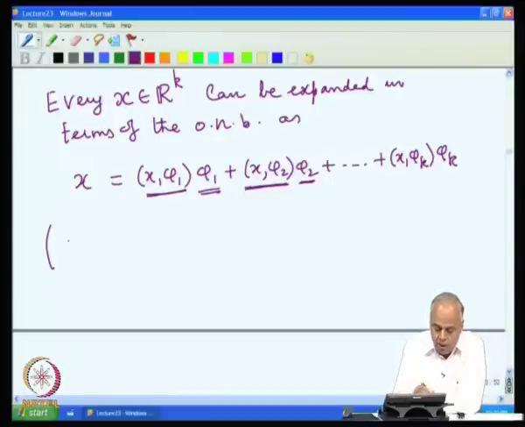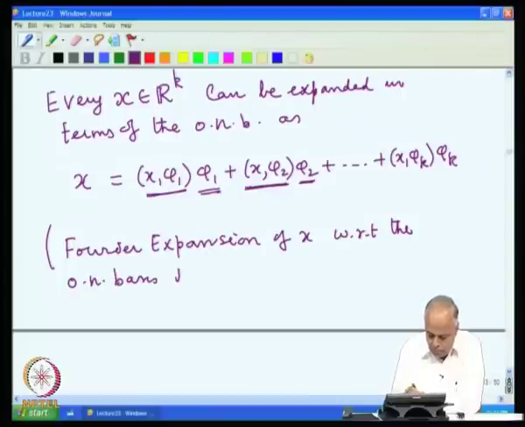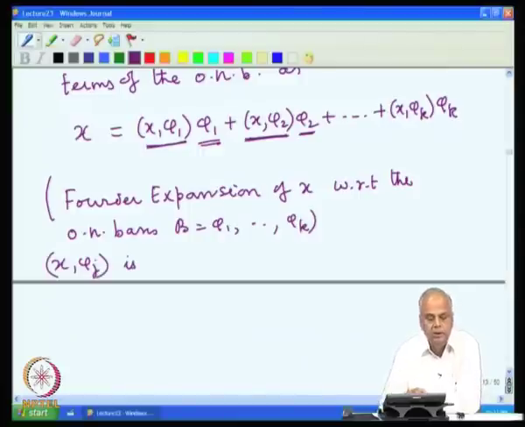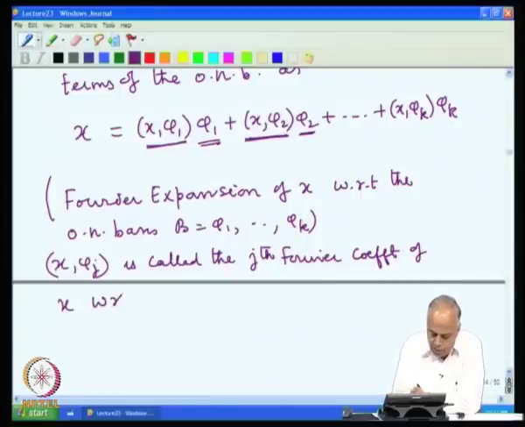Such expansions are referred to as the Fourier expansion, the generalized Fourier expansion of x with respect to the orthonormal basis B. In this general setting, the inner product of x with phi j is the coefficient, the coordinate or the component of x with respect to this ordered basis B, and it is called the jth Fourier coefficient of x with respect to this ordered basis B.